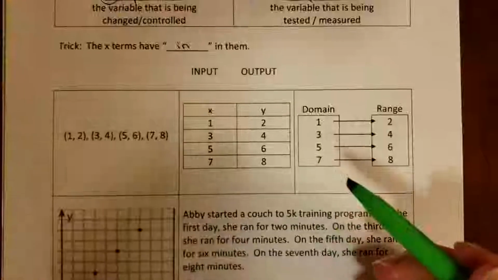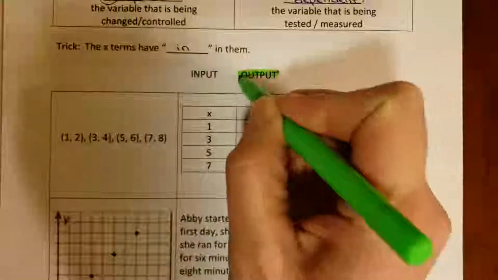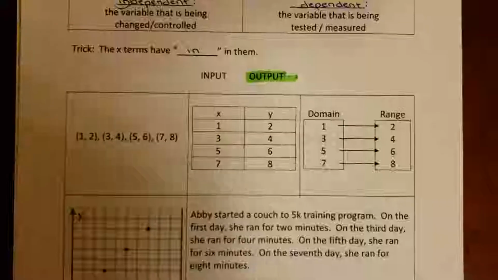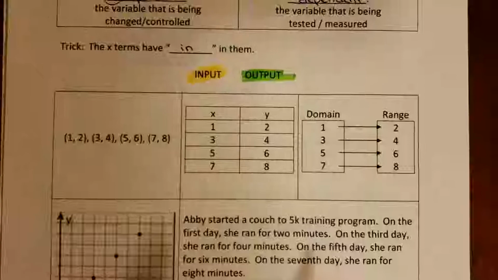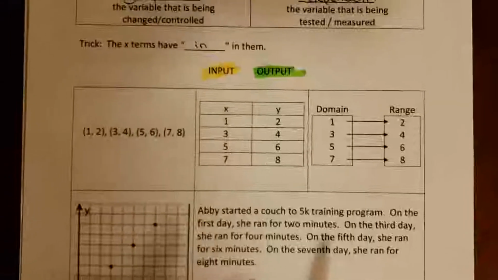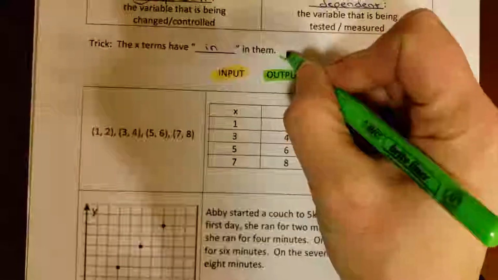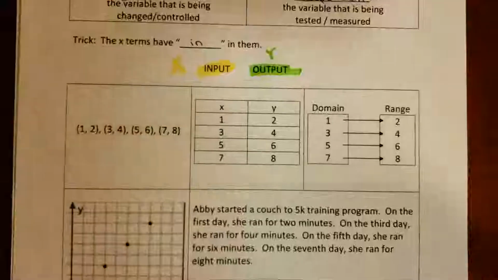Pick completely different colors. Then highlight the word output in one color and highlight the word input in another color. When I do my example today, I'm going to do all my outputs in green and all my inputs in orange. Remember that output refers to y and input refers to x.